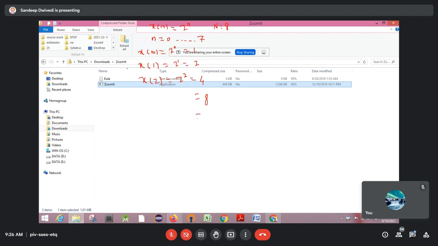Then x of 4 is 16, then x of 5 is 2 raised to power 5, so this will give you 32.